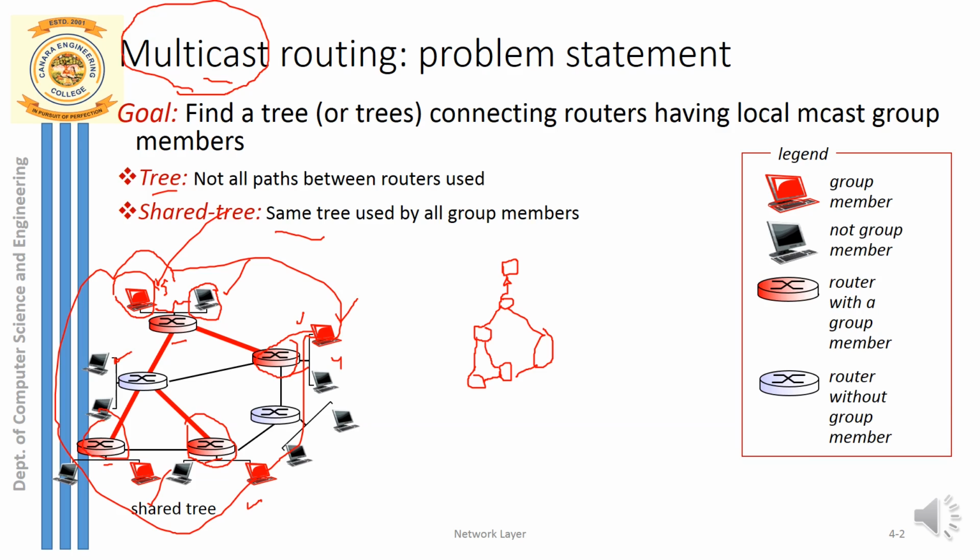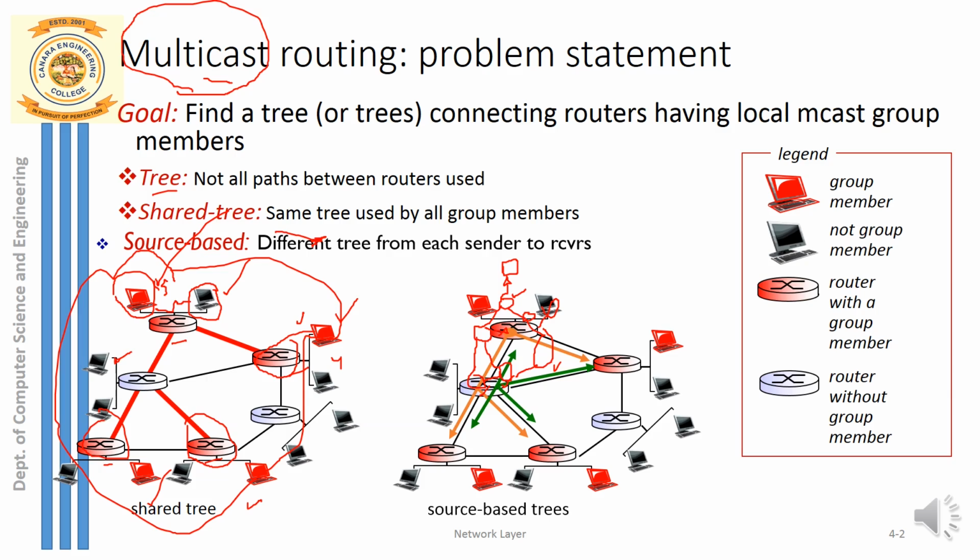Here you have one more intermediate router, and this is also not belonging to our multicast group. Which are in our group? 1, 2, 3, and 4. There are a total of 4 routers in our group, and all of these share the same tree. So we call that a shared tree. This is an example of the shared tree.